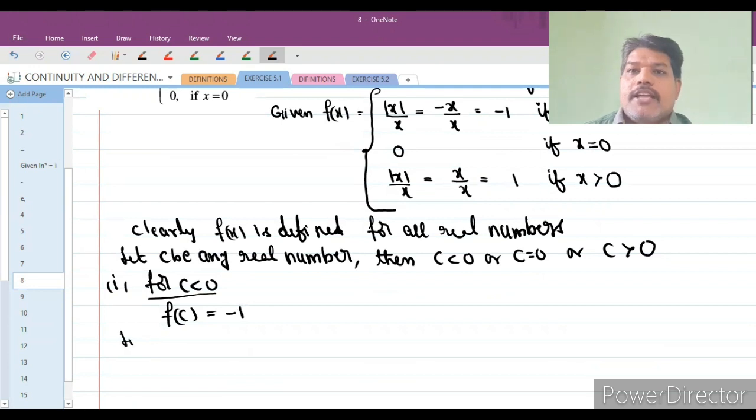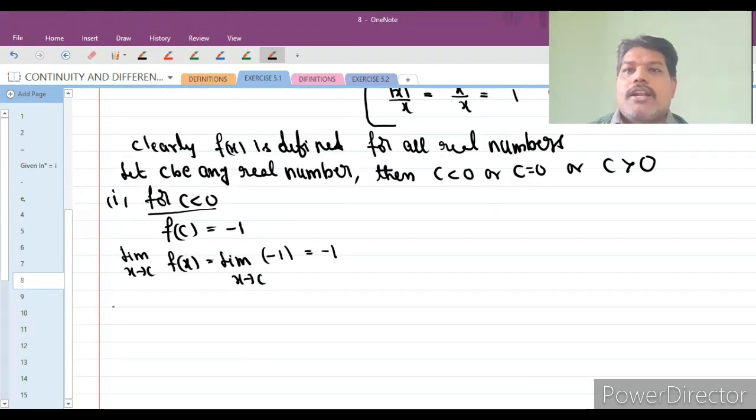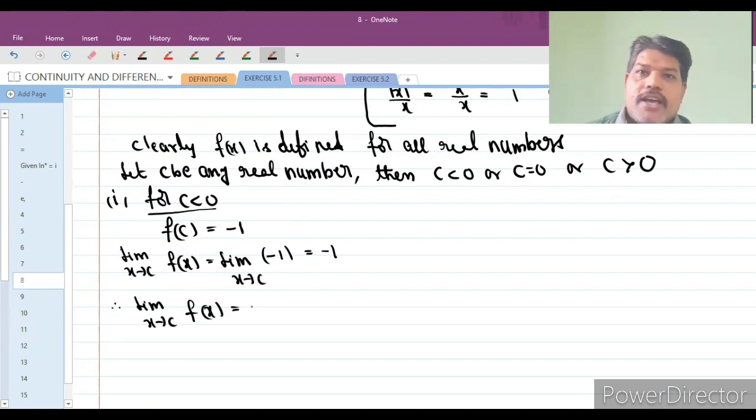Similarly, we will take the limit as x tends to c of f of x. It is also the same: f of x value is -1, because c value is less than 0. If you apply the limit, it will remain the same, that is -1. Therefore, limit as x tends to c of f of x will become f of c only.